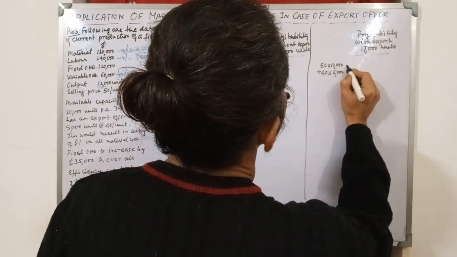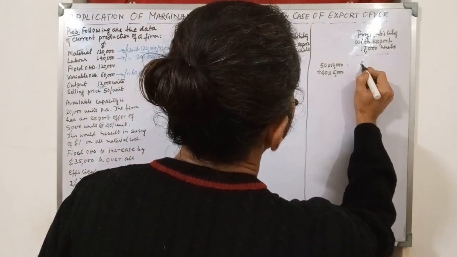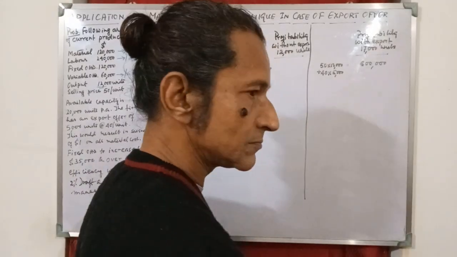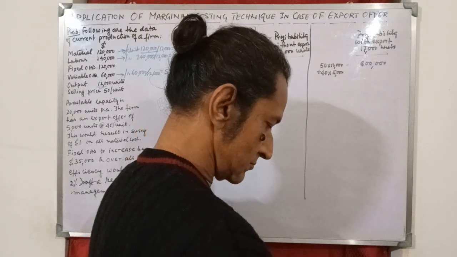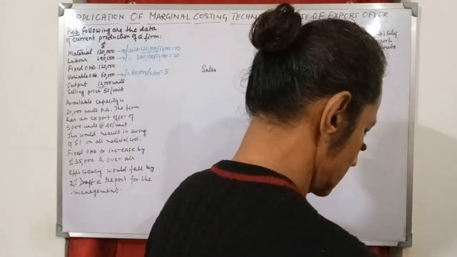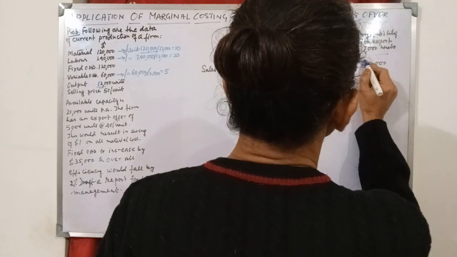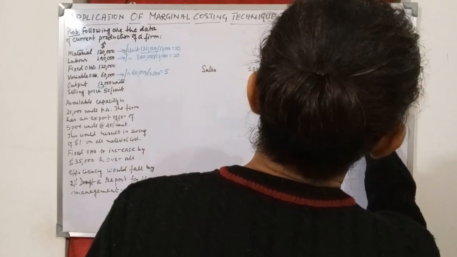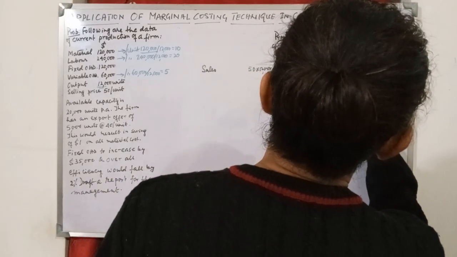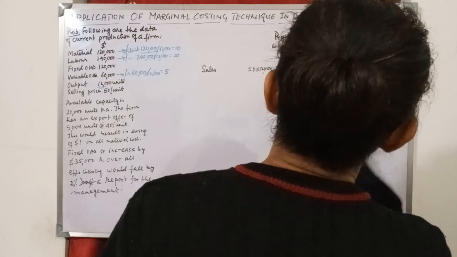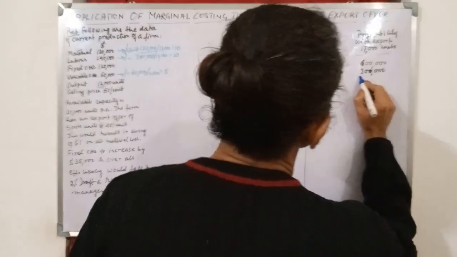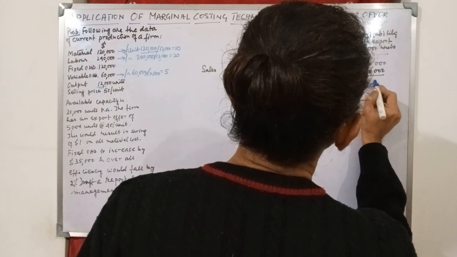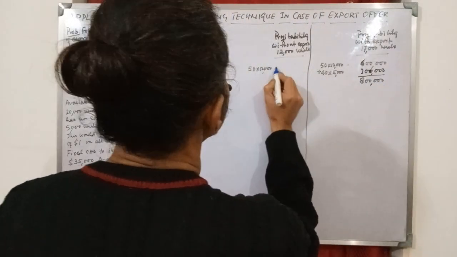So this is 600,000, this is 600,000, this is 200,000, so total sales will be 800,000.